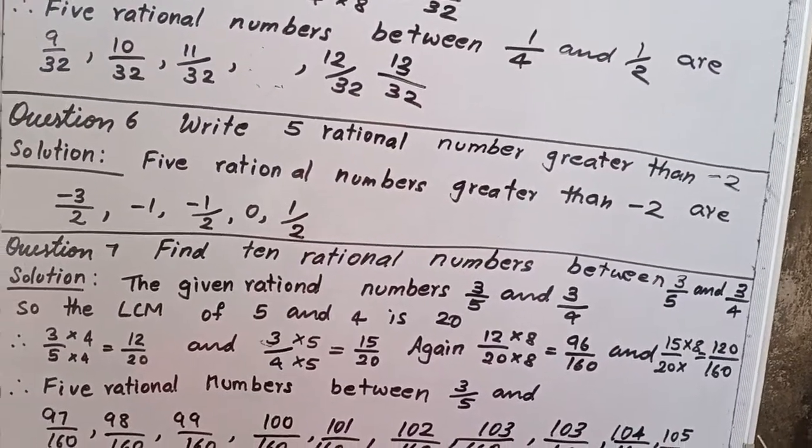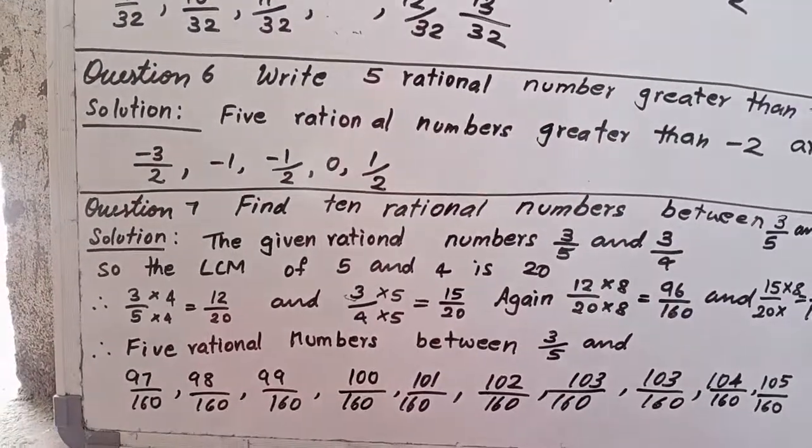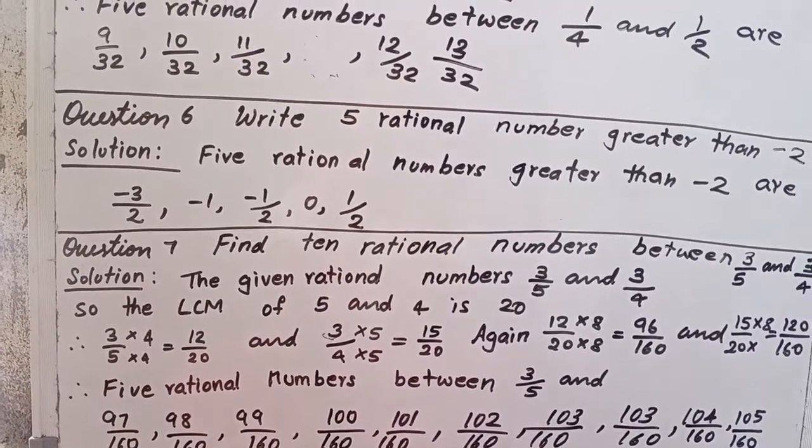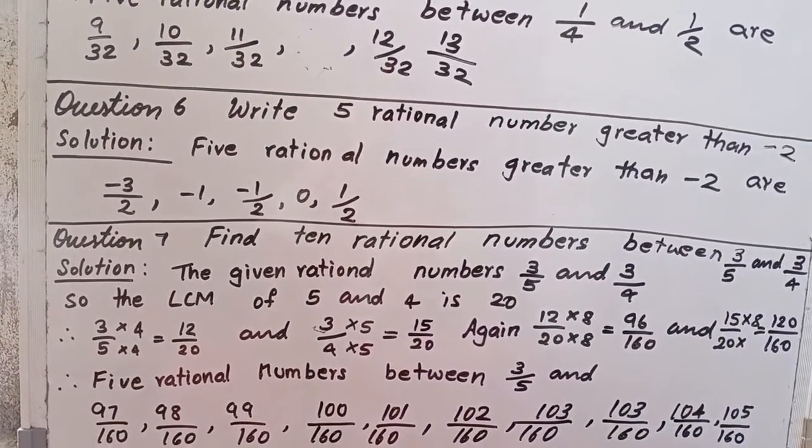So we will get many rational numbers in between, because you know very well there are infinitely many rational numbers between two rational numbers.